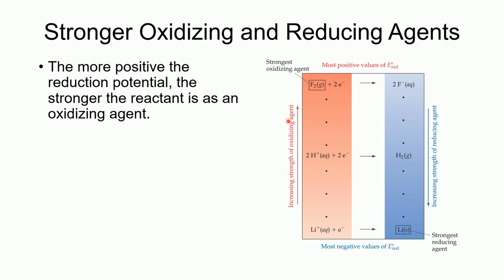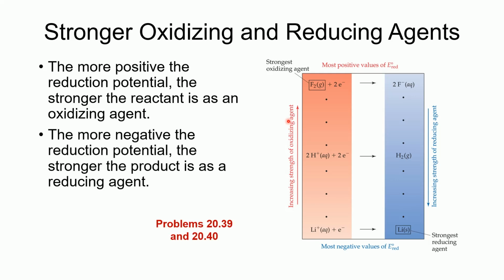Then we'll find the more negative the reduction potential, the stronger the product is as a reducing agent. You might remember on that chart, lithium ion had a reduction potential of negative 3.05 volts. Well, that means lithium solid, the product of that, is going to be a very strong reducing agent.